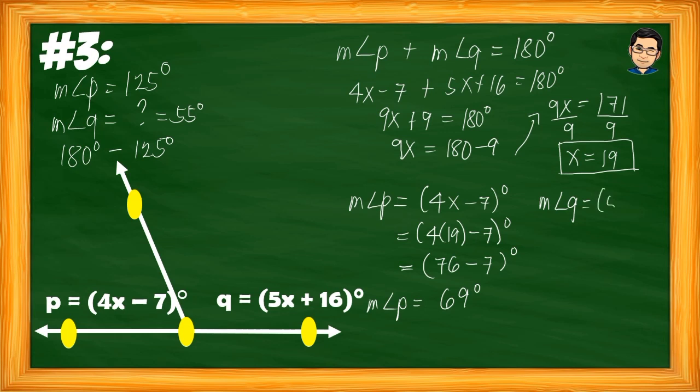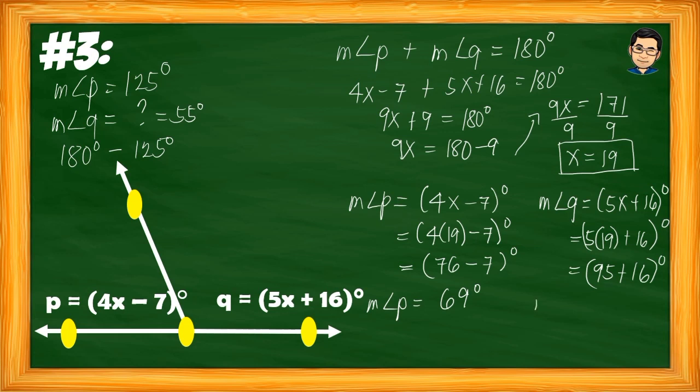Okay, next. For measure of angle Q naman, 5x plus 16. So, magiging 5 times 19 plus 16. So, 5 times 19 is 95 plus 16.